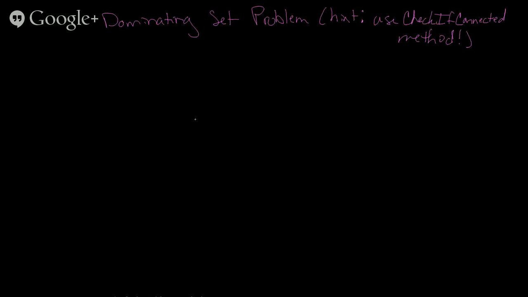So let's say, let me think of what would be a good graph for the dominating set here. I think that might work. But let's see. So let's say you're given a graph, and I think this one would be pretty good.